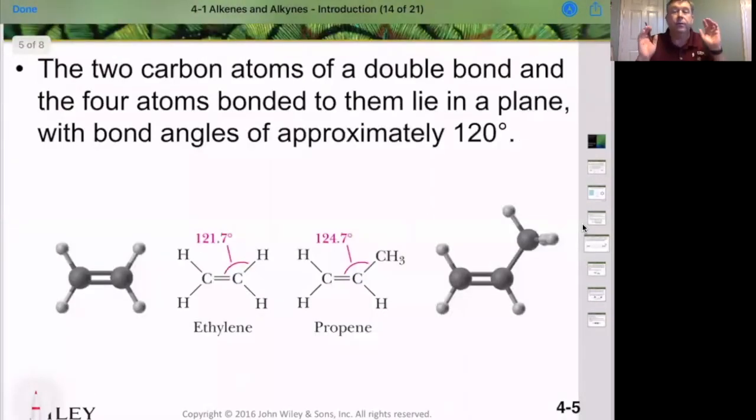The first thing we have to think about with alkenes is that the carbons are sp2 hybridized, meaning that they're trigonal planar. The three bonds around that carbon are approximately 120 degrees. That angle gets slightly bigger when one of the atoms is bigger than the others.